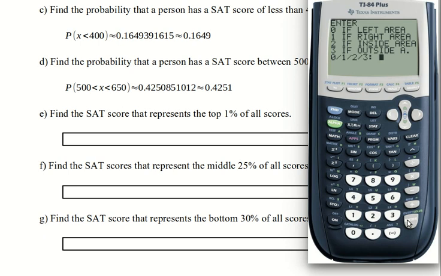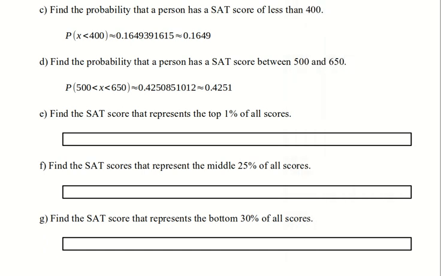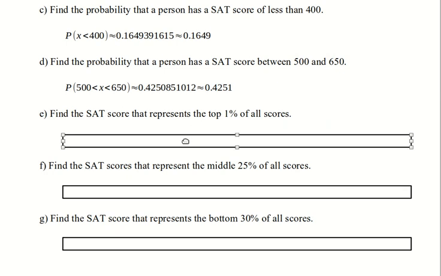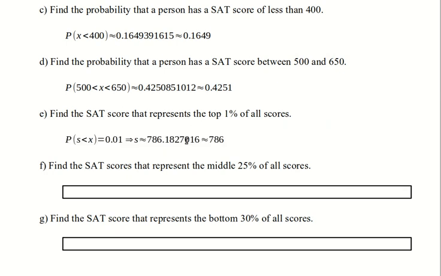Well, the top 1% is to the right, so the boundary that gives us 1% to the right is an SAT score of 786. So the top 1% of all scores, where that boundary is S, X is bigger than that boundary S, giving us a probability of 1%, is about 786 as an SAT score.